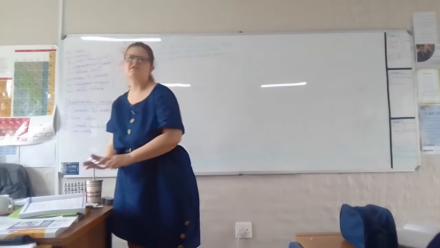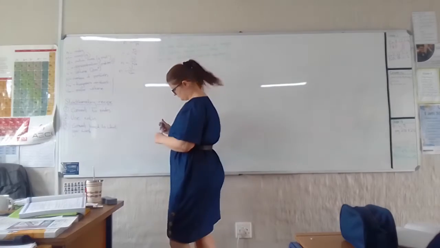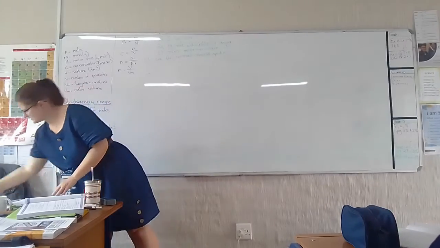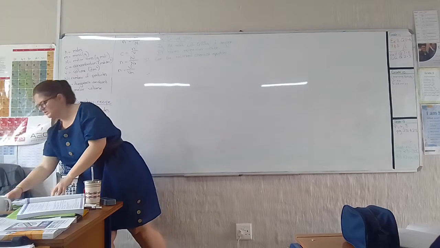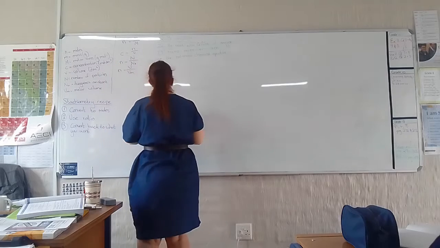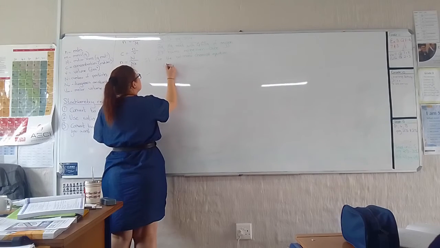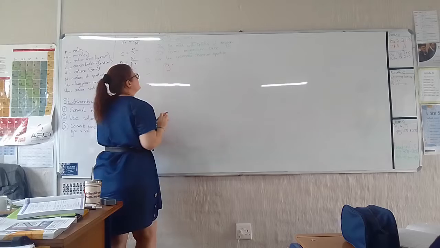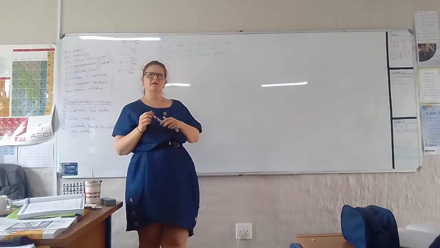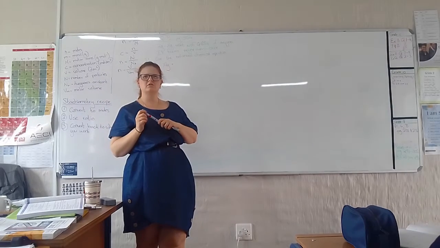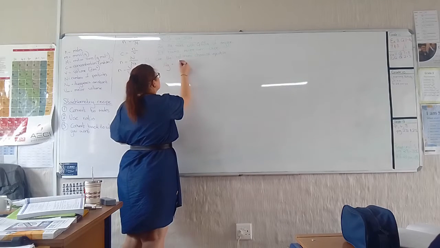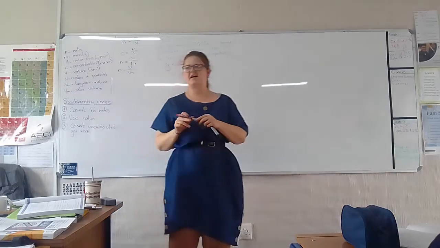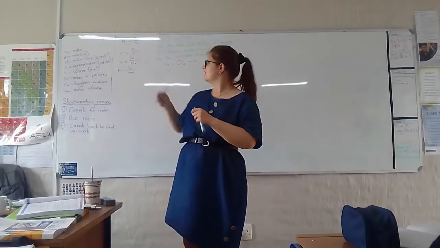Obviously we know magnesium, we can just write as Mg. Now oxygen. How do I write oxygen? O2 because it's a diatomic molecule. So plus O2 gives me... now I need to use my oxidation numbers.